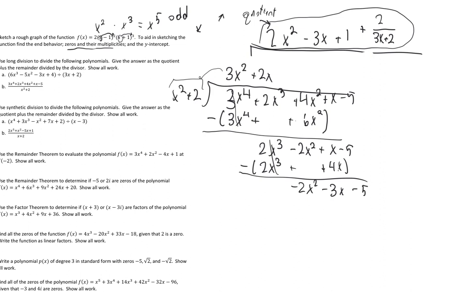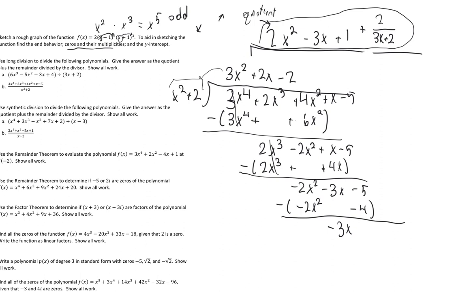Now, we get from x squared to negative 2x squared, it should be times minus 2. So minus negative 2x squared, and then minus 4. So what we're going to get when we do all this, we get minus 3x. It's going to be minus 5 minus minus 4.